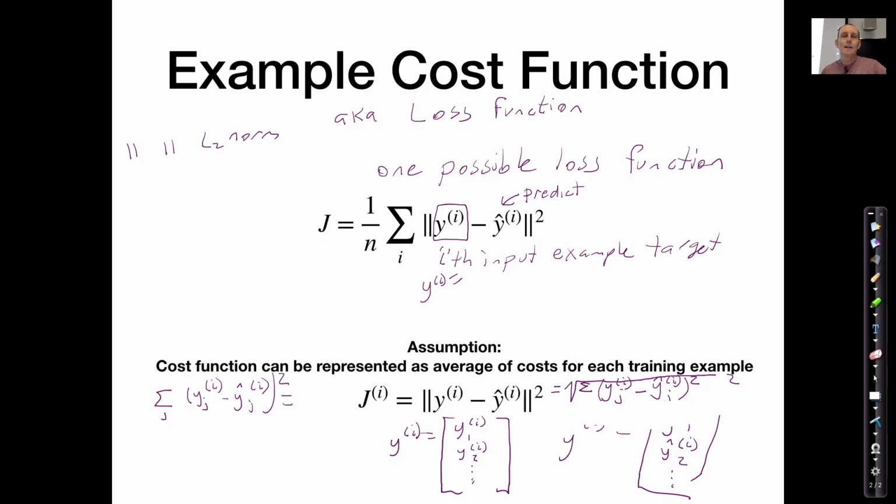Again, the superscript is which training instance we're looking at, and the subscript is the number of that neuron in the last layer. So our overall cost is the average of the costs for each of the instances.